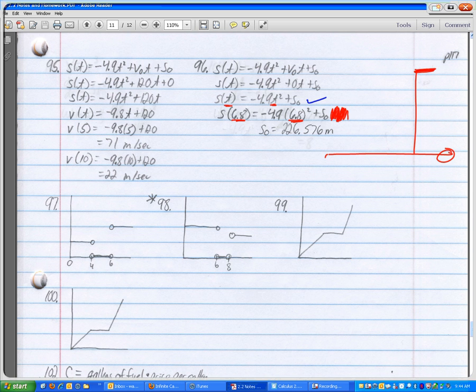You dropped it here, and the little stone is screaming all the way down. Then at 6.8 seconds, that's when it hits the ground. So the position at 6.8 seconds is 0.